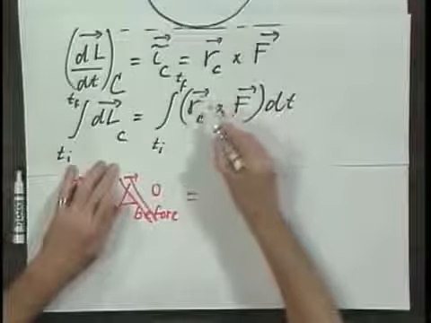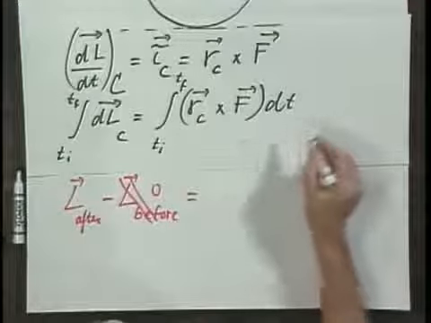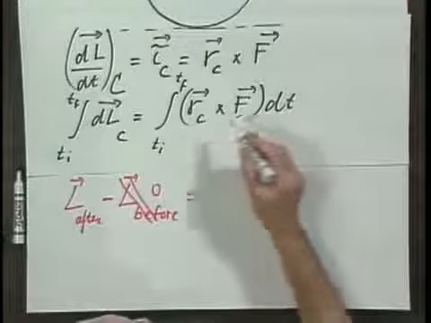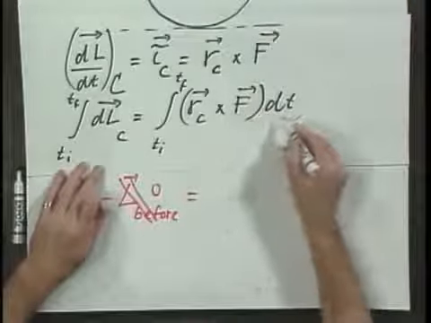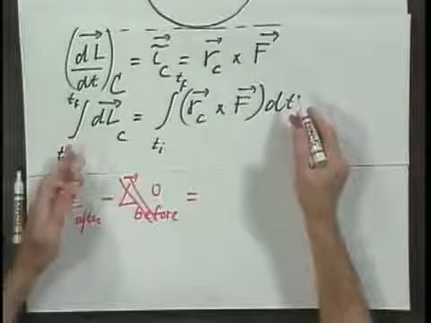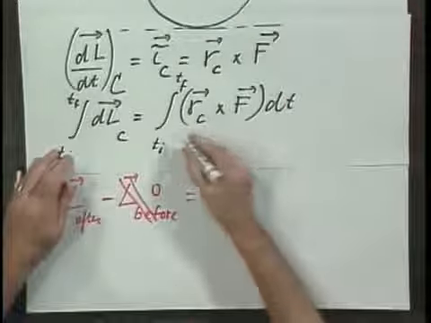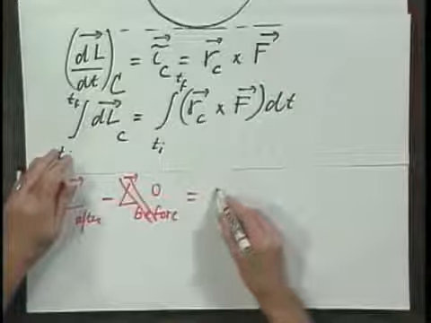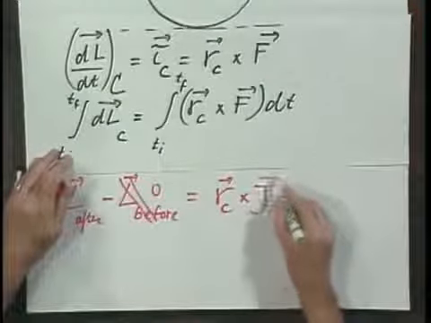You can take r_C outside the brackets. The integral from t initial to t final of F dt, per definition, is J. That's the impulse. So this integral would be r_C cross J.